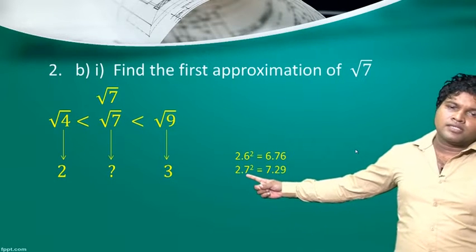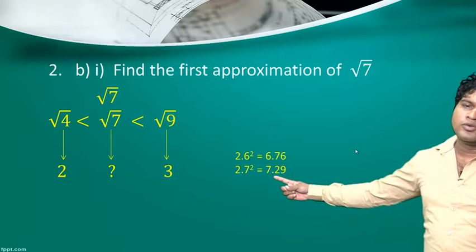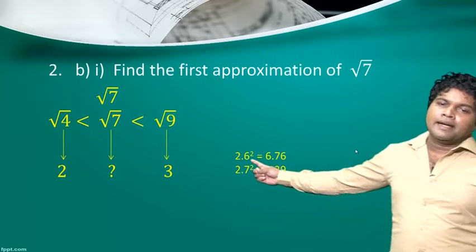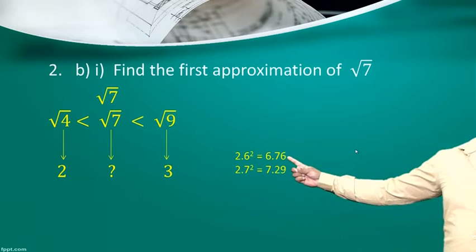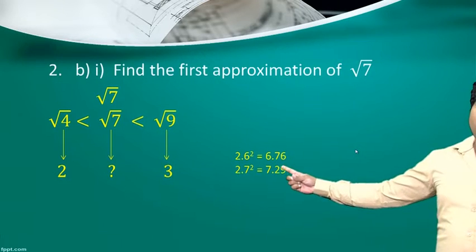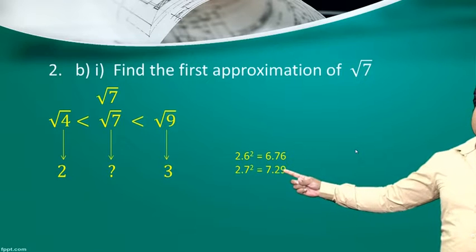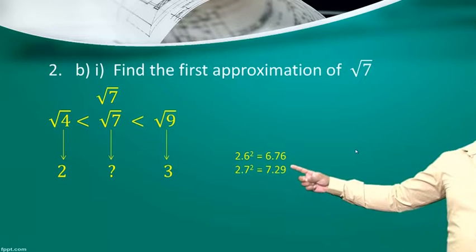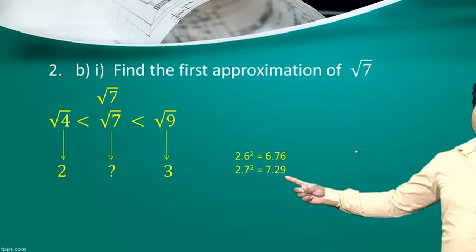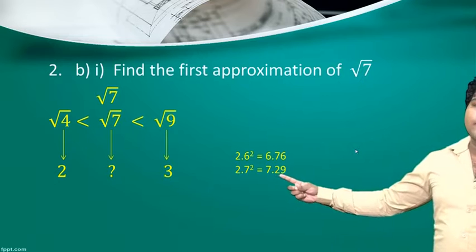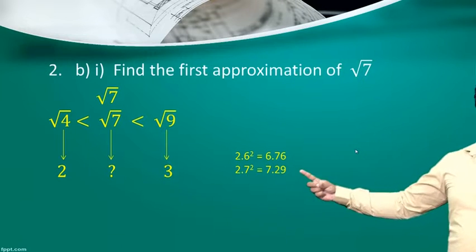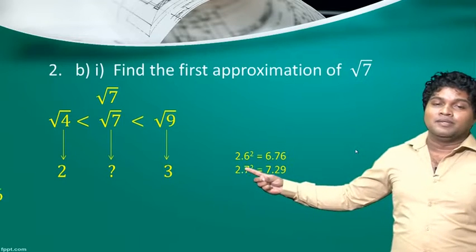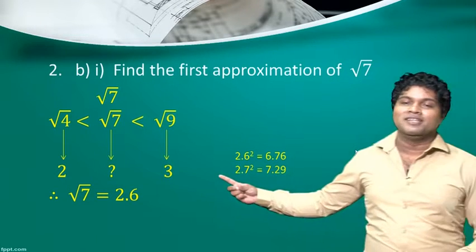7.29 has gone past 7 by 29 parts. But 6.76 is behind by 24 parts, because from 76 to 100 there are 24 more parts to complete the 7. In the case of 7.29, it has passed by 29 parts. Which is closer? The closest is 2.6.